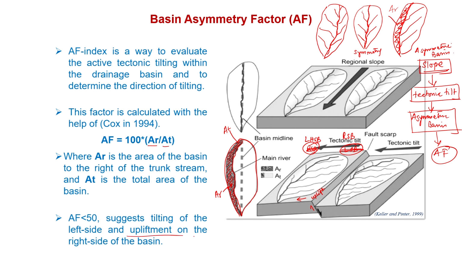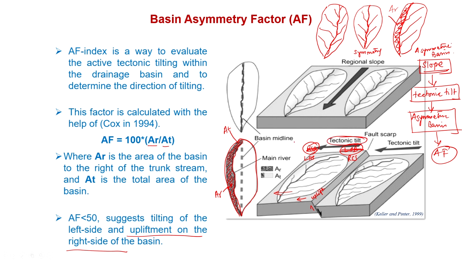So, upliftment on the right hand side of the basin, and the tilt is on the left hand side. So, the tilt is in this direction. This is what has been given here. So, this is your right hand side and this is your left hand side. Okay. And this is the direction of the tilt.